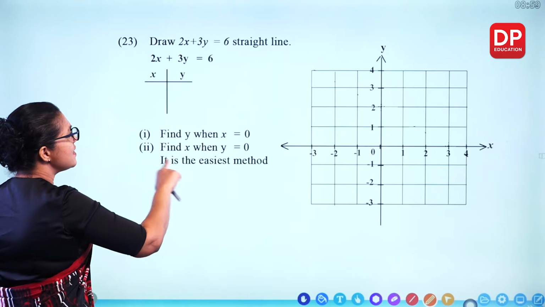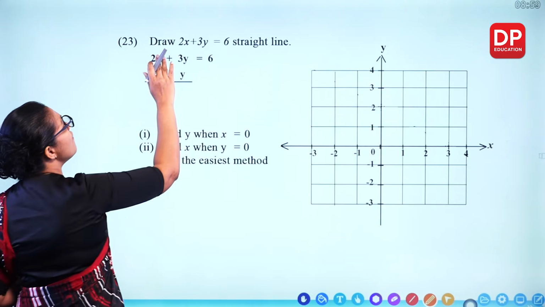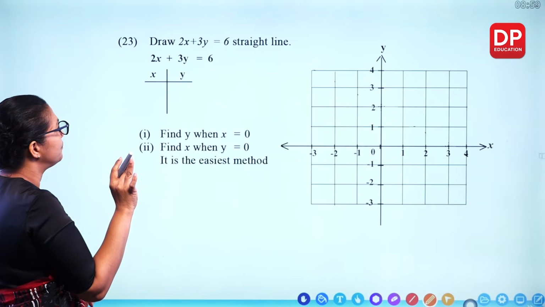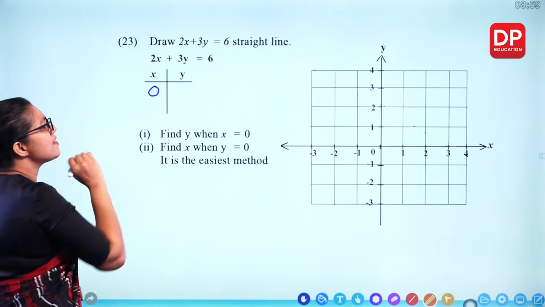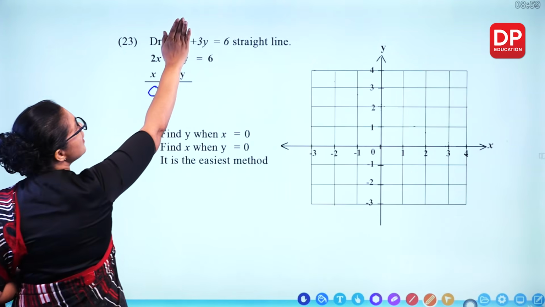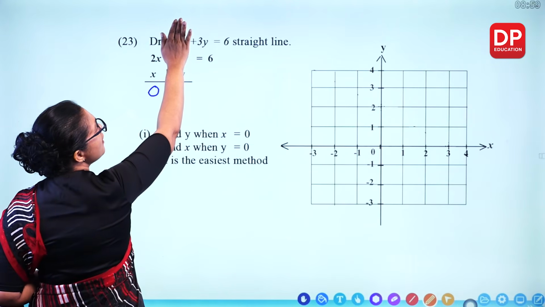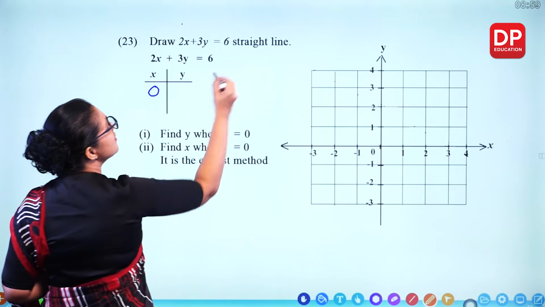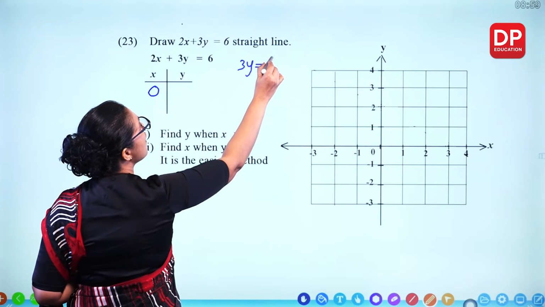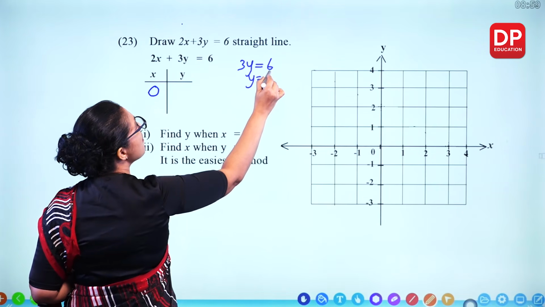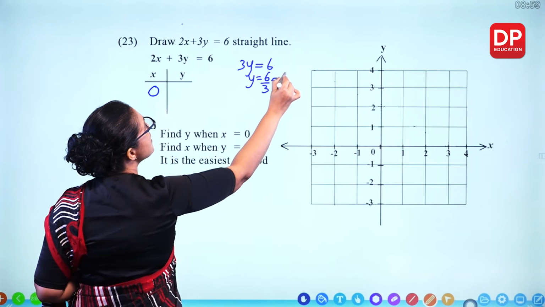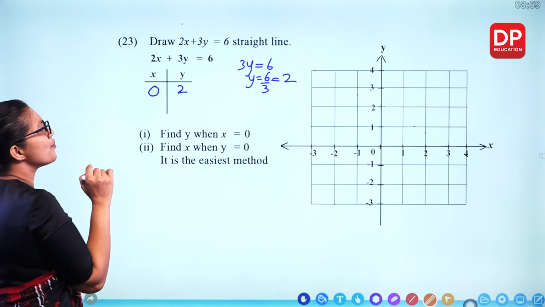So what's the easiest way? We take x equals 0. When x equals 0, we cover this term because 2 times 0 is 0. 3y equals 6 means what's the y value? 6 divided by 3, you get 2. y equals 2.